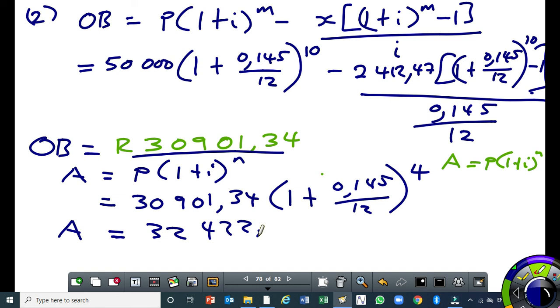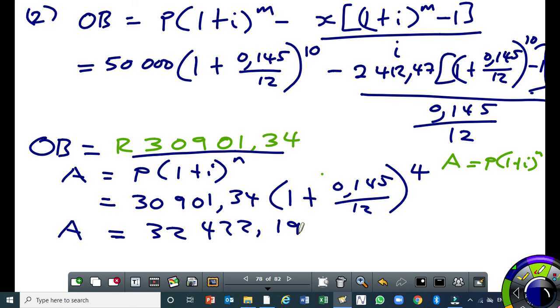How many cents? 118. Right. So the new amount that the person is owing due to missing 4 months is 32,422 and 19 cents. Now this value is our new P. That's our new P that we are going to use to determine X.